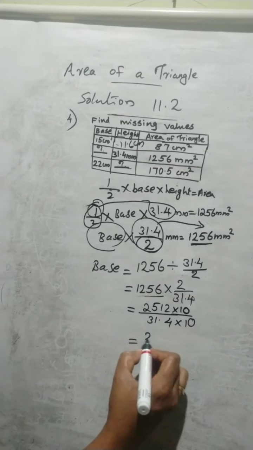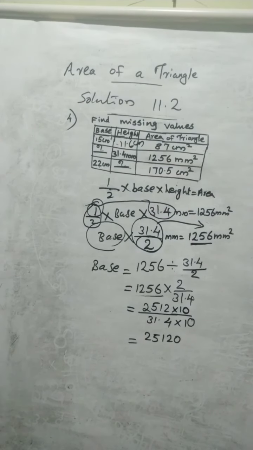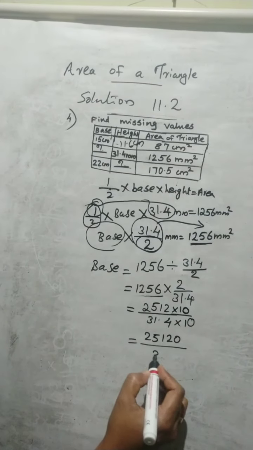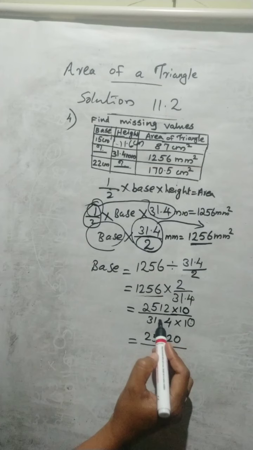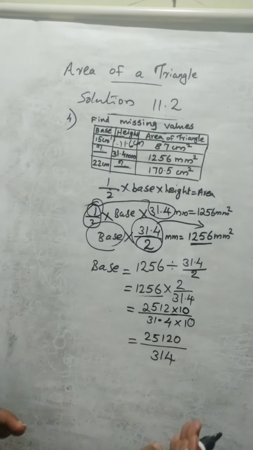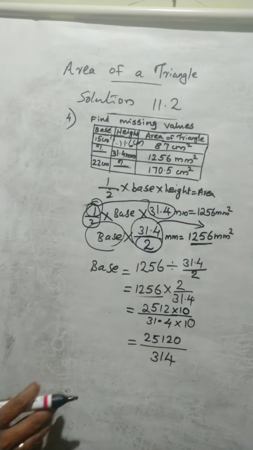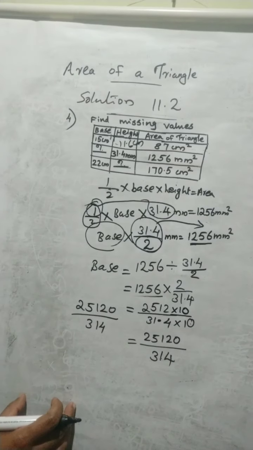Then 25,120 divided by 314. Here multiplying by 10, that time this 4 will be before the decimal. So how can we do this? We can write the simplest form of this.